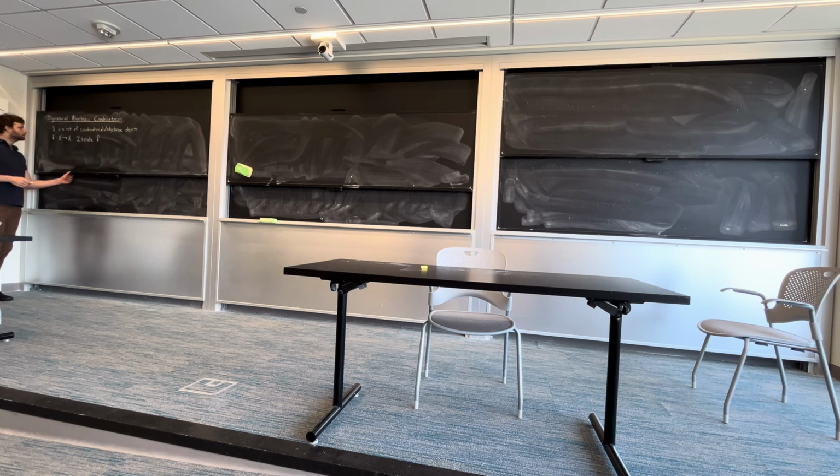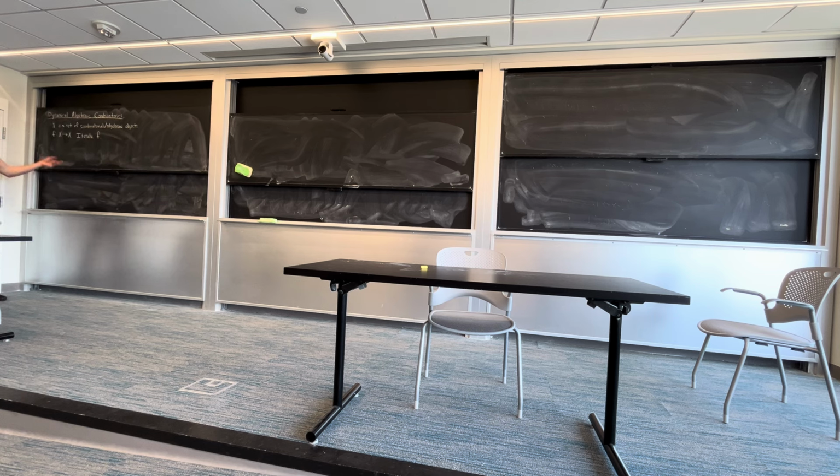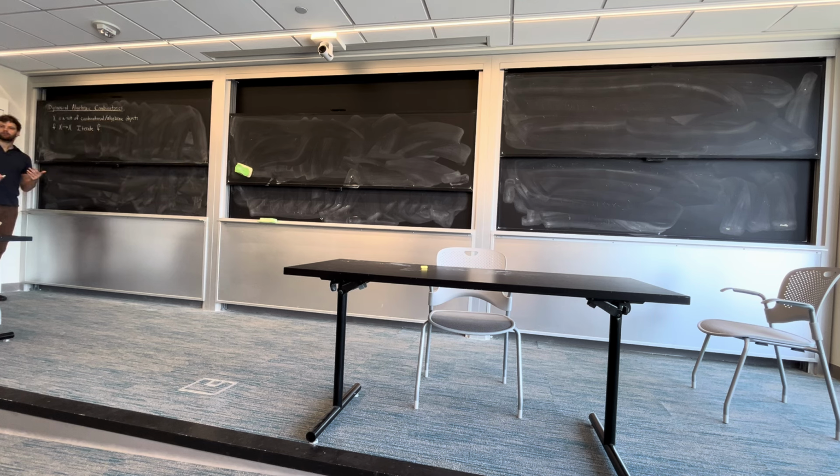So I'm going to look at promotion, which we've defined already on the set of linear extensions of a finite poset. So I'll remind you of one definition we have for this.